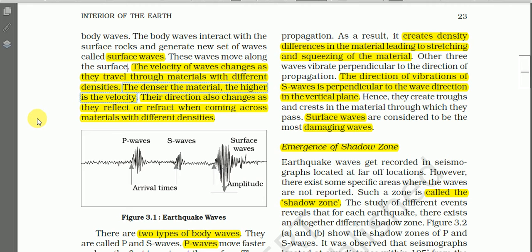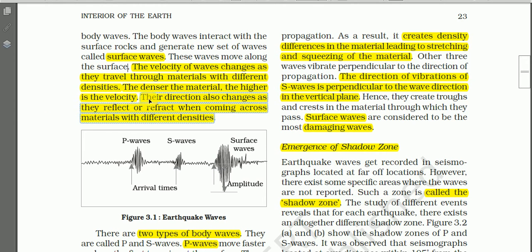If earthquake waves travel through denser material, then there will be higher velocity, and if they pass through material having less density, then the velocity decreases.